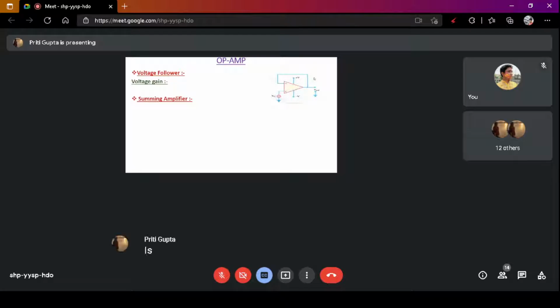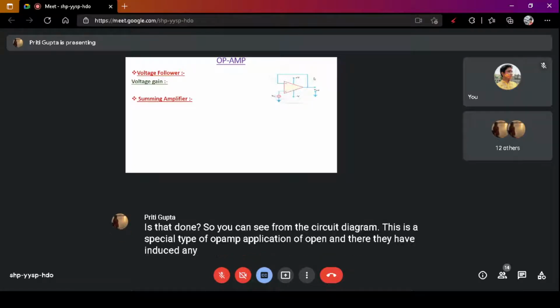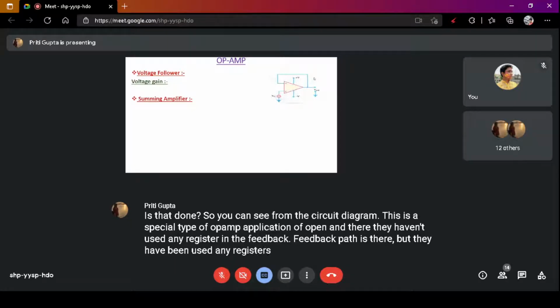Is that done? So you can see from the circuit diagram, this is a special type of application of op-amp, and there they haven't used any resistor in the feedback part. A feedback path is there, but they haven't used any resistor. Simply they have connected a wire, right?